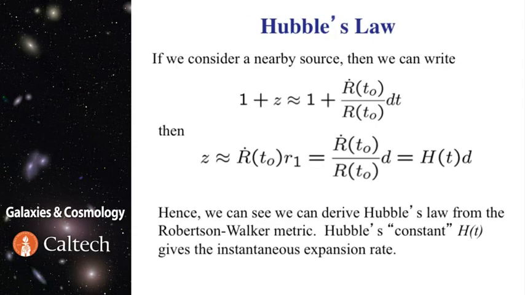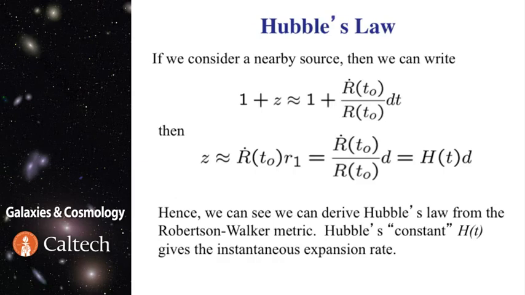Well, let's consider Hubble's law in the light of this explanation. For a nearby source, we can write this as the following expression. R dot is the time derivative of the scale factor at this time. So the redshift is essentially the time derivative of the scale factor divided by the local scale factor itself.